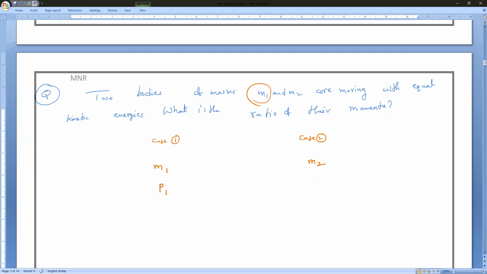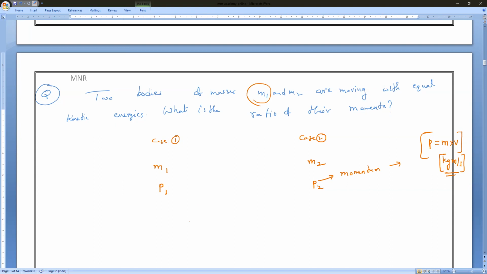Momentum means mass into velocity, and the unit is kilogram meter per second. We studied this in the second chapter.